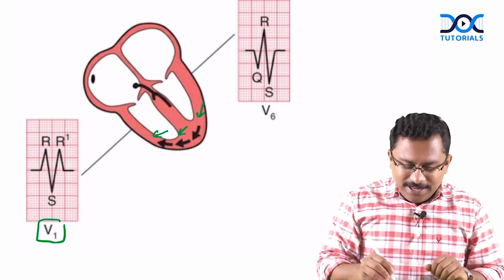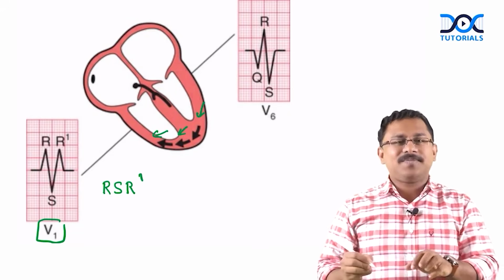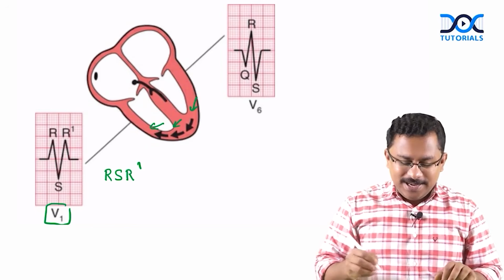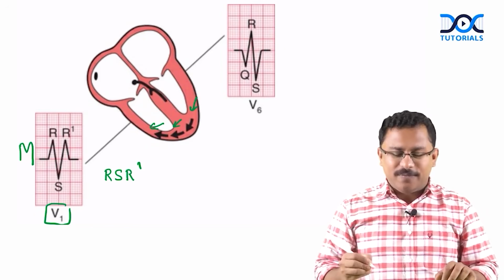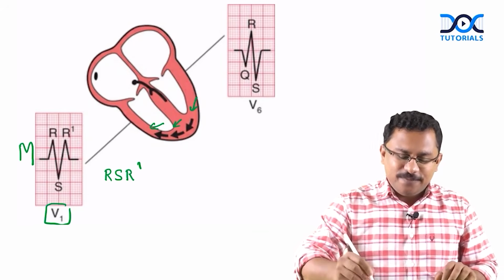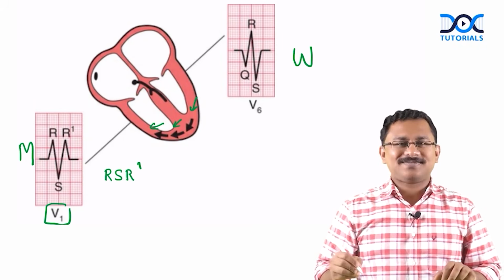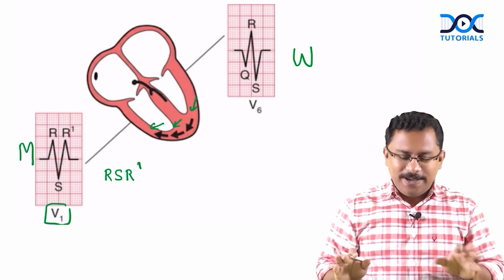So that will create an RSR dash pattern in V1, almost the shape of an M, correct? And in V6, it is almost the shape of a W. So that is again very clear.